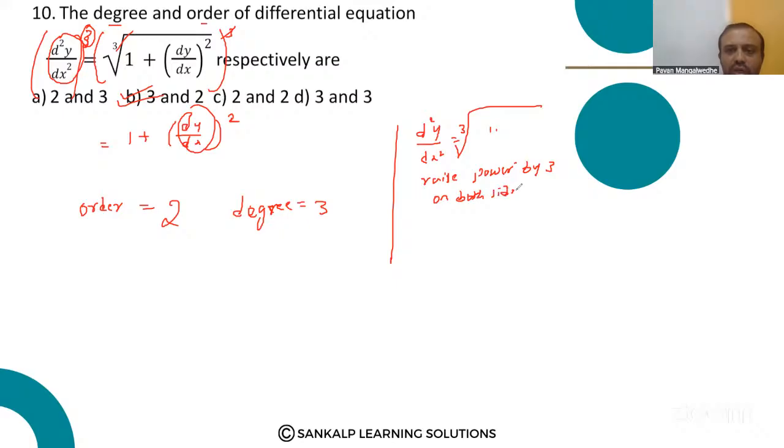So it will become like this. By raising the power by 3, the cube root and 3 will get cancelled. Then the rest of the things I already explained. So go to the next question. Let's try to move to the next question now.